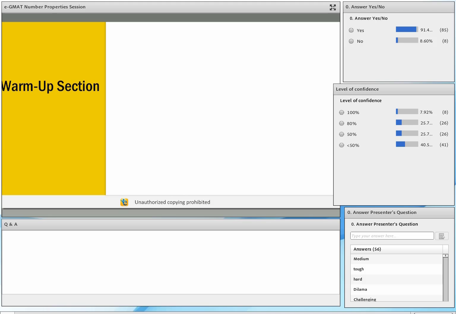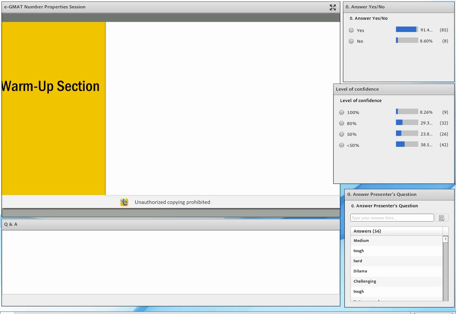Okay, so I want you to make a note of this disparity in how confident you feel in terms of the conceptual understanding and how that confidence relates right now to your ability to solve the 700 level questions based on those concepts. Okay, so tell me, what do you infer from this data? Instead of my telling you what the inference is, what do you infer from this data?